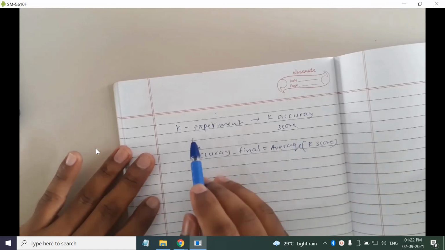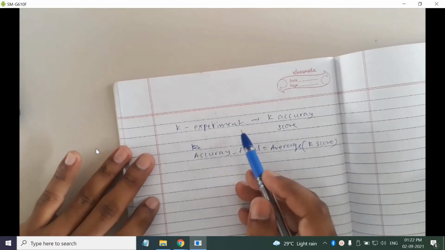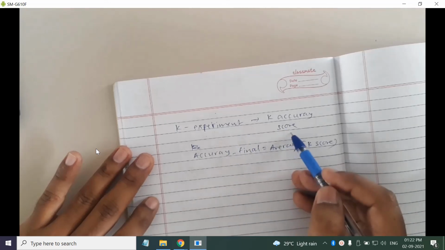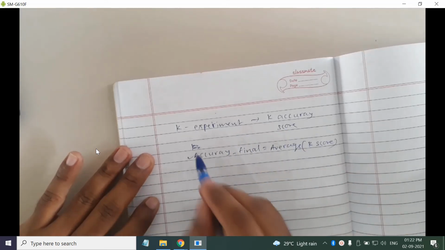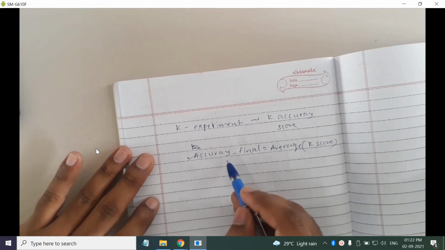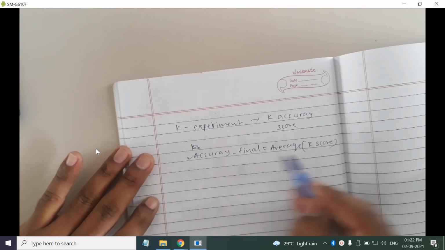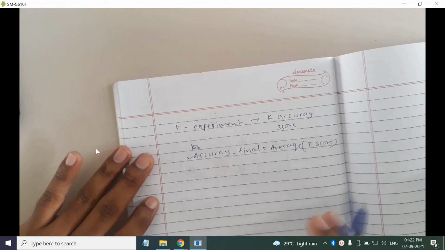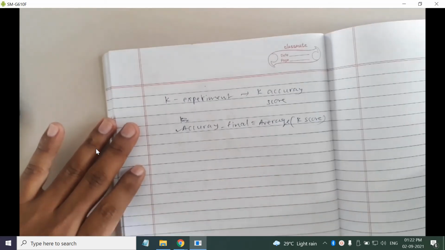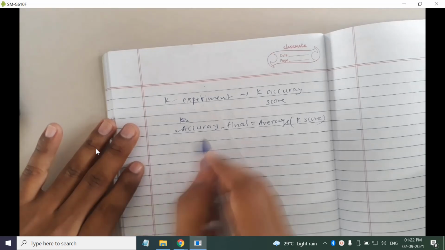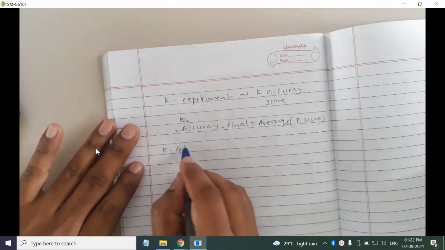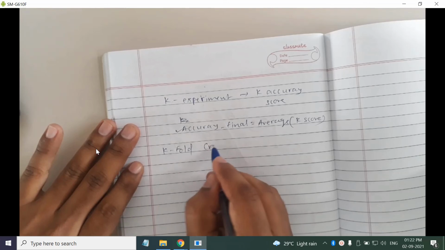We will perform k experiments, calculate k accuracy scores, and say my final accuracy is the average of these k scores. This is how we calculate the final accuracy score. And that process is known as k-fold cross validation.